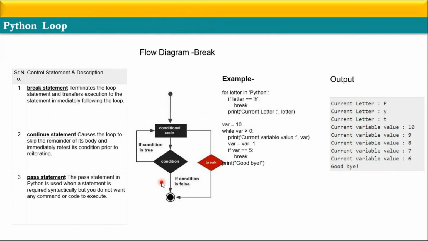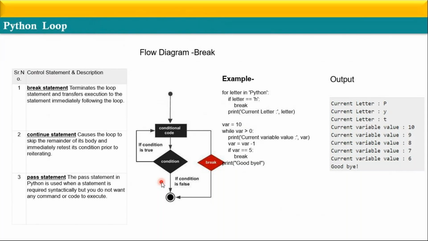Based upon the requirement, we may need to break the loop, come out from the loop, or keep on going with the loop. Sometimes we are going to write a function, and we are not writing the code because we do not have all the conditions.